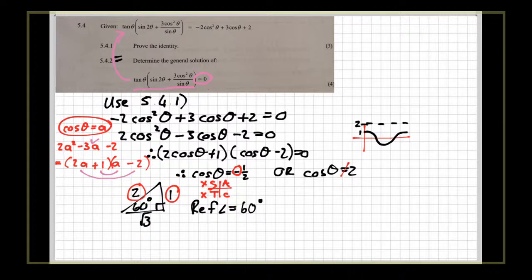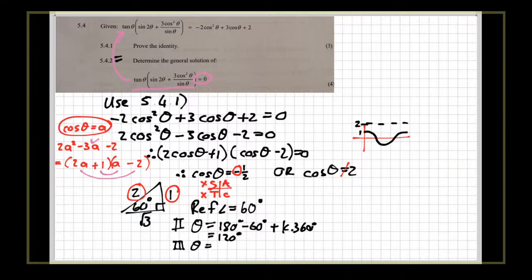This leads me to say in quadrant 2, I've got theta equal to 180 minus 60 degrees plus k times 360, which is 120. I'm going to skip a step or two. Please forgive me, this is just for the sake of time.